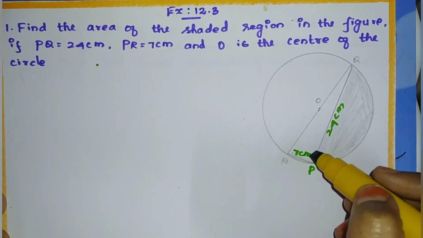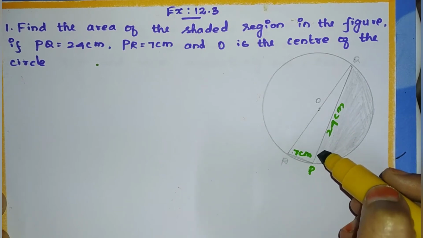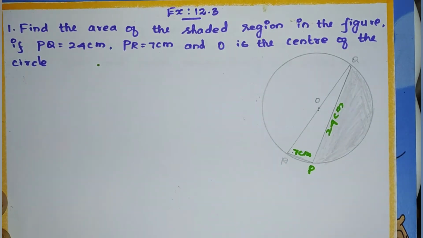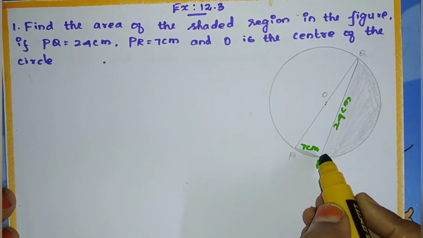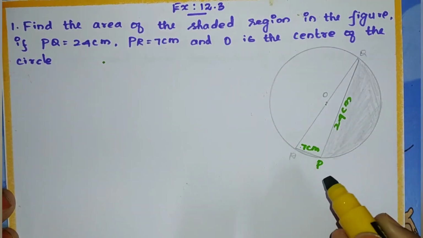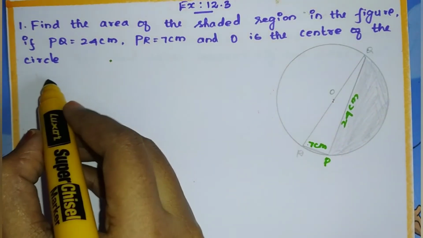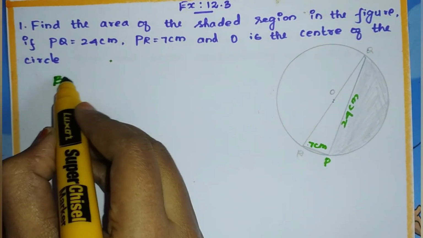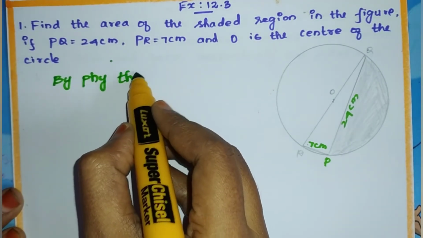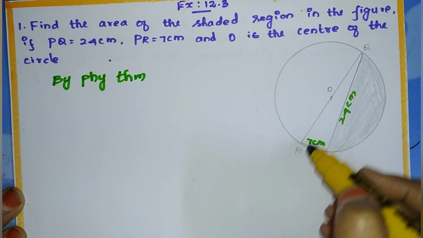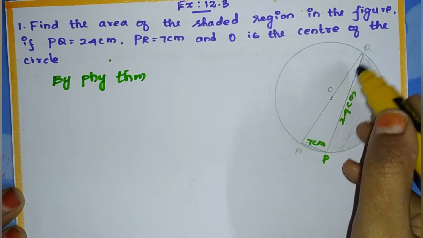So you have to see which is the right angled triangle. If it is a right angled triangle, we can apply Pythagoras theorem. So first I am going to apply Pythagoras theorem to find the third side. By Pythagoras theorem, QR will be the hypotenuse, no?